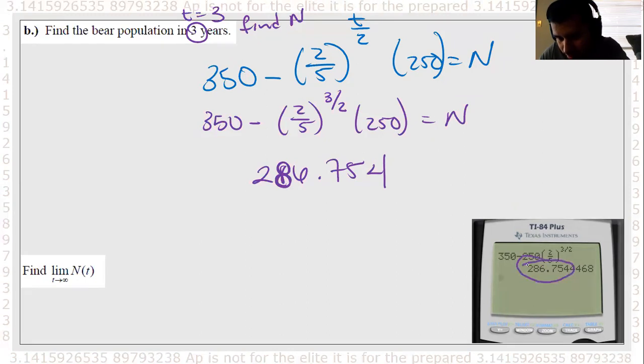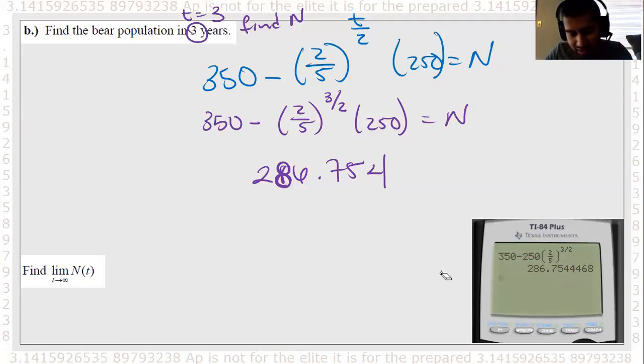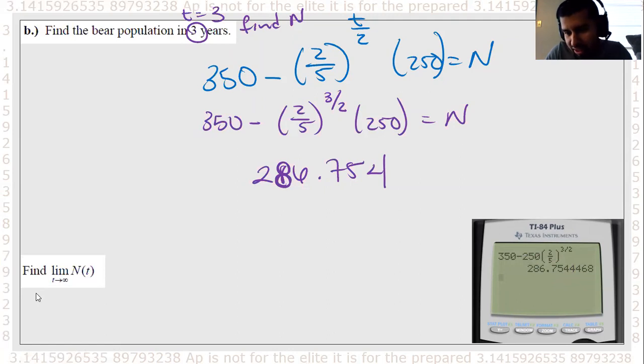I should have probably not done that, but it's more exact, and the question I found didn't ask me to round. Even though it doesn't make sense, how can you have 3/4 of a bear walking around? Ideally I would want to round up, but they didn't say anything, so this is an acceptable answer.